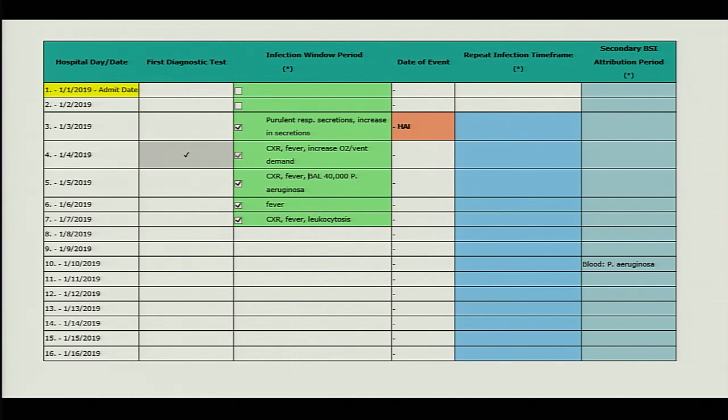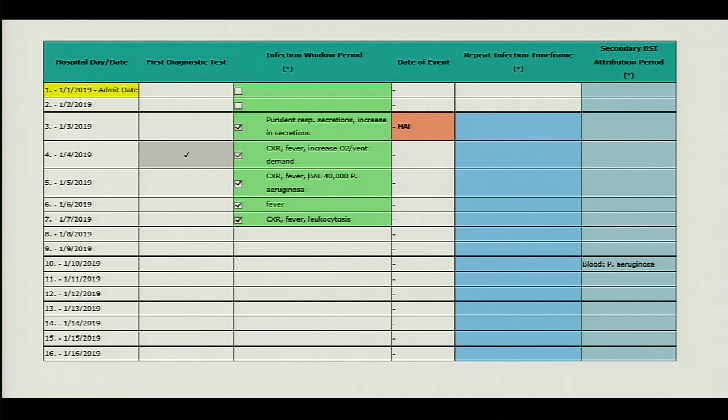Just a little demonstration of the worksheet generator. If you put this information all in, again, that chest x-ray on the 4th is setting the window, the green representing the window, the checked box as the first, the gray box as the diagnostic test. And your date of event is 1-3.